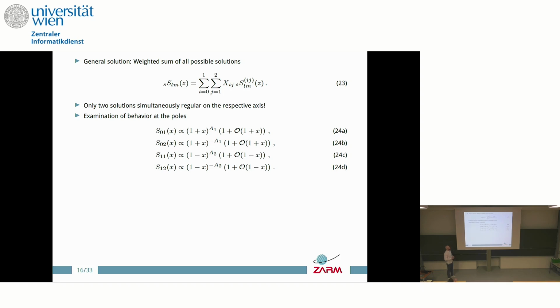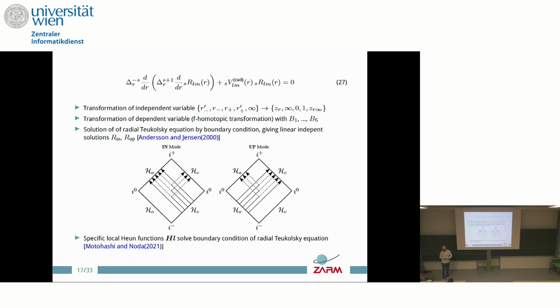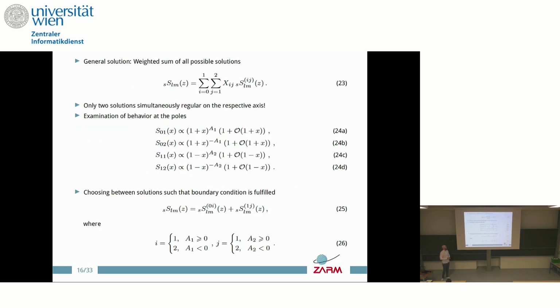And for this, you take a look at every solution you have and make a function series expansion for the north and the south pole, and you only take the regular one. So by the form the A's take, you are only left with two solutions, and they have to fulfill these two conditions here for the indices I and J.